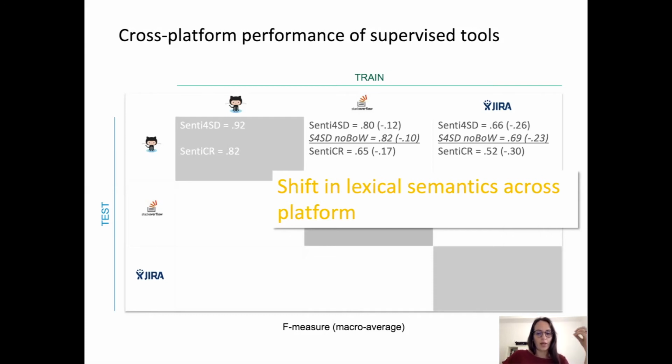And this provides evidence of the lower ability to generalize of such features, and also suggests that some lexical semantic shift occurs across datasets, across platforms, due to platform-specific jargon or communication styles, for example.